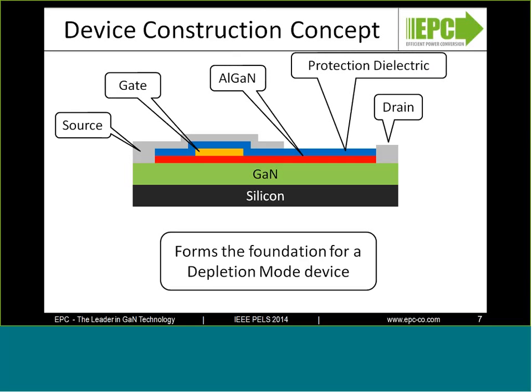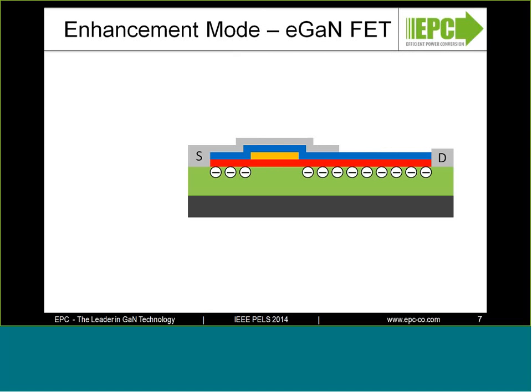Now, can we make this into an enhancement mode device? And the answer is yes. And Efficient Power Conversion Corporation, EPC, conquered that challenge about 4 years ago. So let's look at this cartoon of that cross-section device that we had before. In EPC's case, we've actually created a gate electrode shown in orange that is made out of a special crystal that automatically depletes away the electrons.